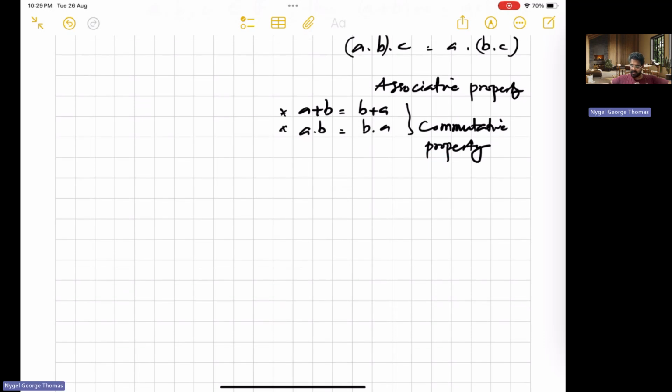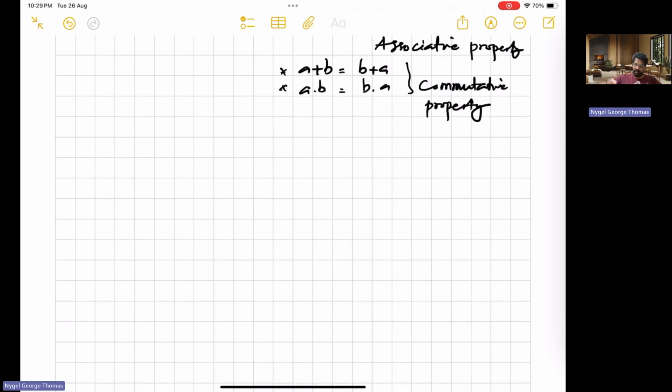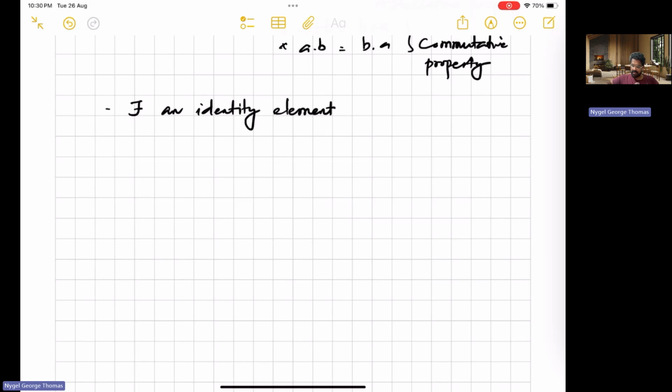Another important property is that there exists an identity element in terms of both addition and multiplication. So A plus 0 is A, which is the additive identity. Similarly, A dot 1 is equal to A, which is the multiplicative identity.